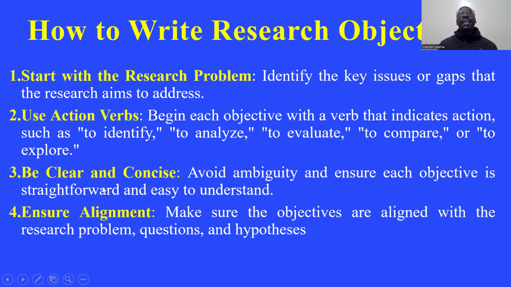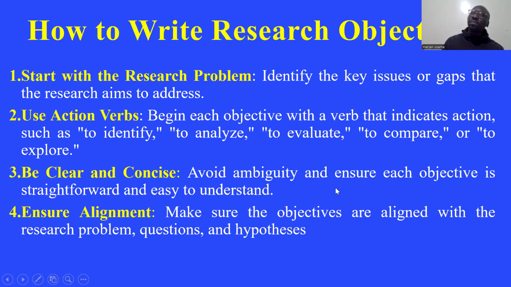Then number three, be clear and concise. Avoid ambiguity. Ambiguity is something that is not clear. Avoid ambiguity and ensure each objective is straightforward and easy to understand. So if your objective is easy and straightforward, then the whole of the research is not going to be complicated.